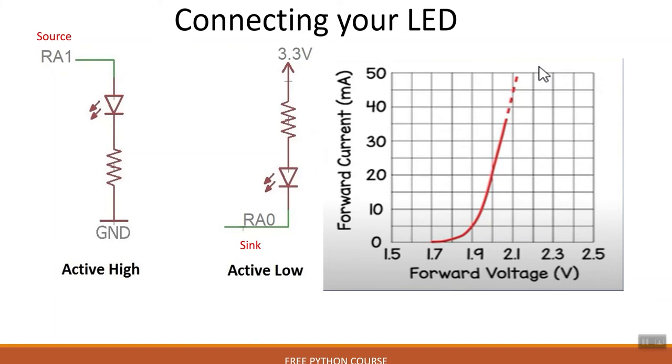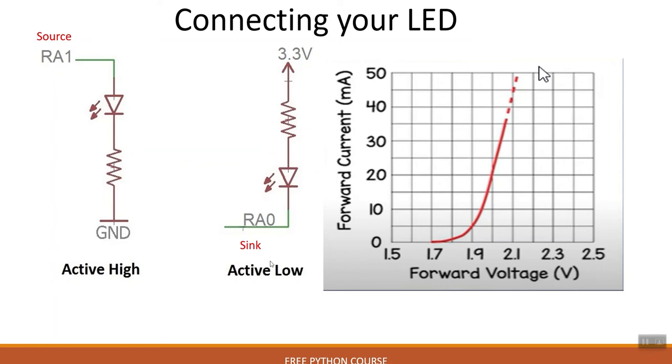There are two different ways you can connect your LED to your microcontroller. One is the active high, and the second is the active low. In the active high, your microcontroller GPIO pin serves as the source. In other words, it sends current through your LED and down to the ground.